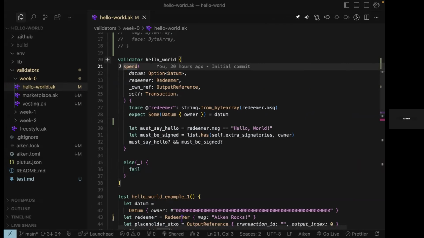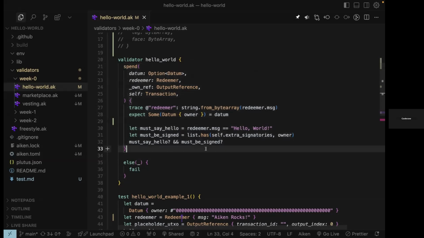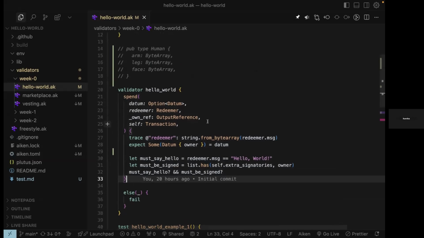So the script purpose also ends up saying yes or no. This definitely says no, which is a fail. And if this is a no, then it goes to this one, and this also says no, and that is when the validator fails.